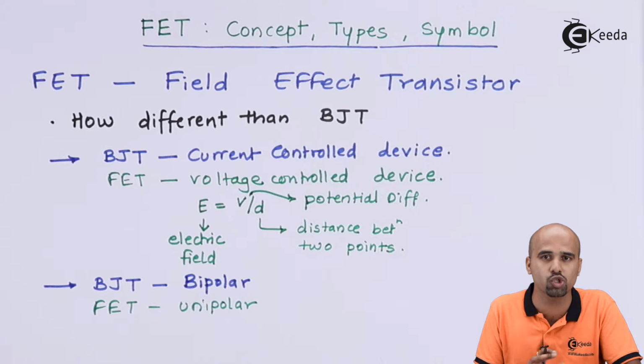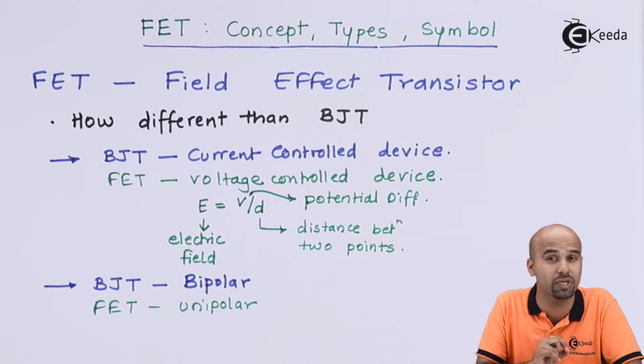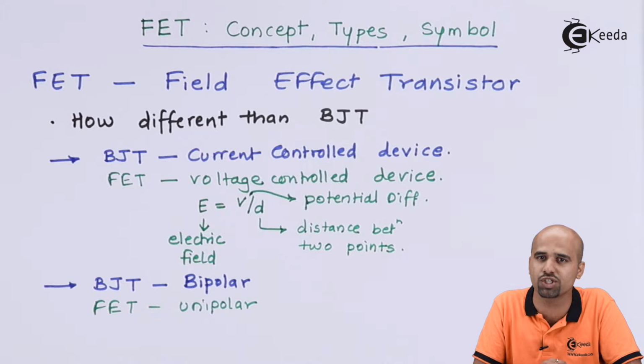Bi means two. So the complete operation of BJT is controlled by two parameters: one is the minority charge carrier and another is the majority charge carrier. If you look at the operation and characteristics of BJT in the previous video again, you will get to know that your BJT is a bipolar device.